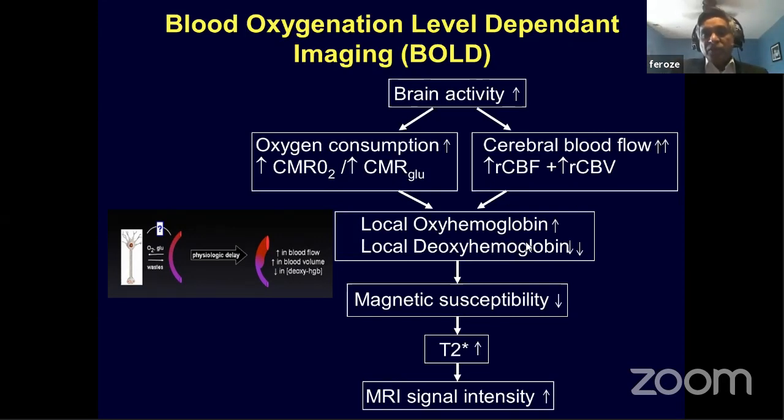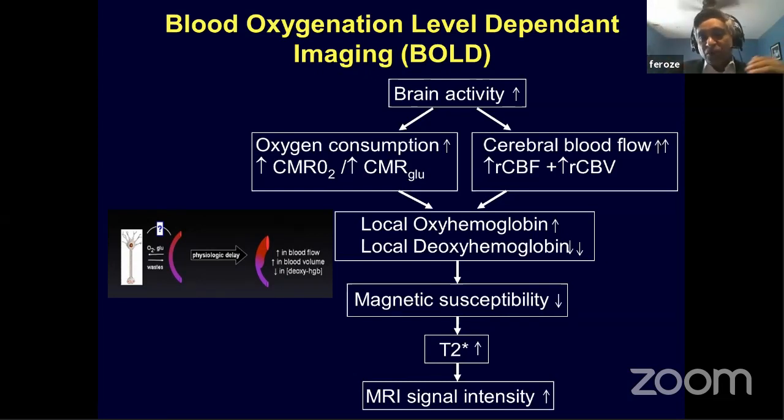So if you take your camera, meaning your MR scanner, and look at the left motor cortex during these two different states, you would find that during increased brain activity there is an increase of oxyhemoglobin and a much greater decrease of deoxyhemoglobin, right? We know deoxyhemoglobin is more paramagnetic. If it is much less, the susceptibility would go down, and you can see an increase in signal in the T2 star weighted images, right?